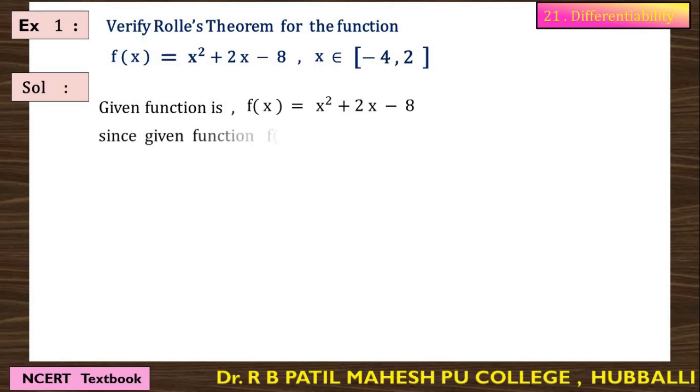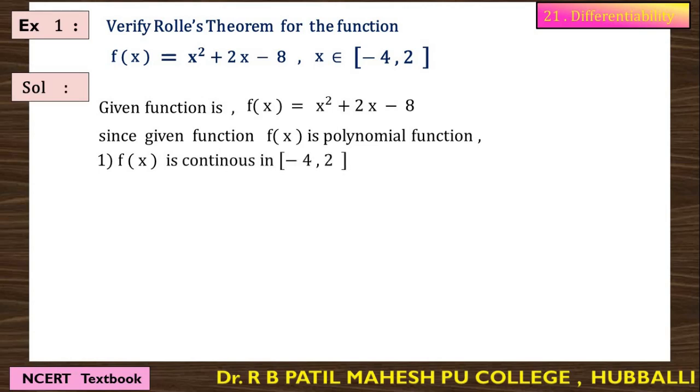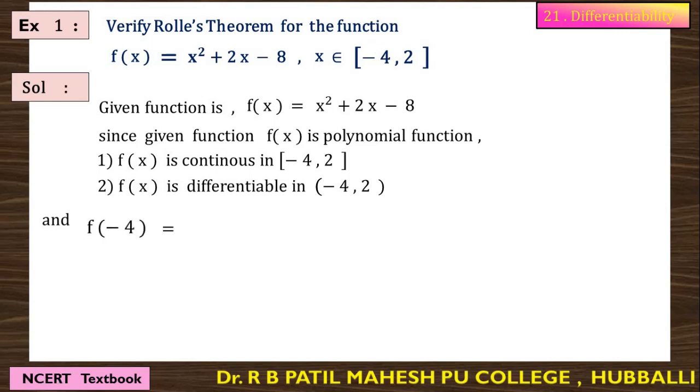So since the given function f of x is a polynomial function, the first point is the function is continuous in the closed interval minus 4 comma 2. And the second point is it is differentiable in minus 4 comma 2. And third, we have to check whether f of a and f of b are equal or not. Therefore, let me first compute f of a, that is f of minus 4.